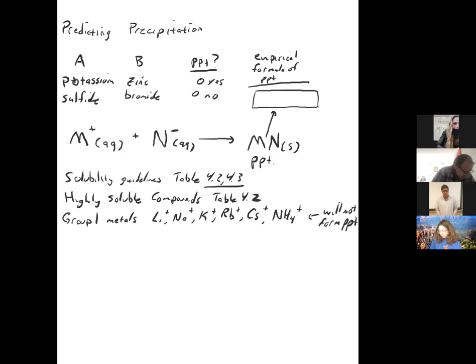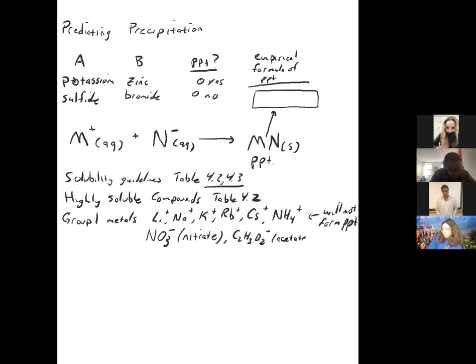Some other ones. Some of the polyatomic ions, if they have nitrate, okay, this is called nitrate. Let me write it in parentheses. Any compound that has nitrate will dissolve in water no matter what. Acetate. And then there's one more, chlorate.